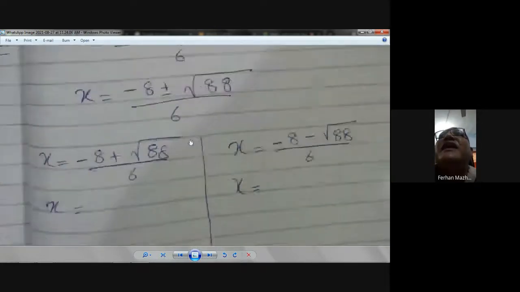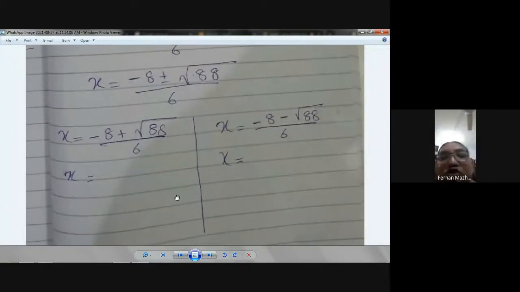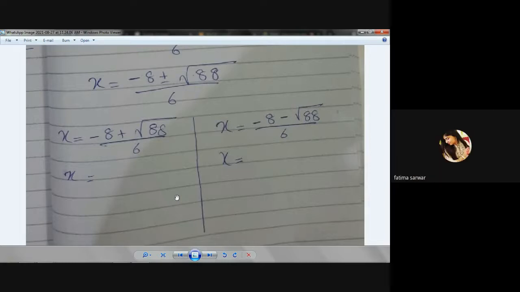And now you will have two situations. So use your calculator, bete. Minus 8 plus under root 88 divided by 6 equals to 0.23.